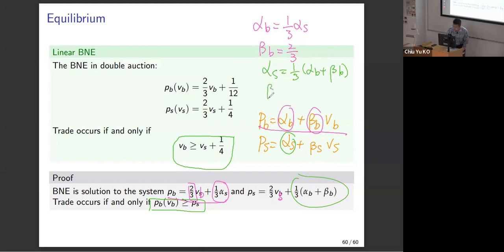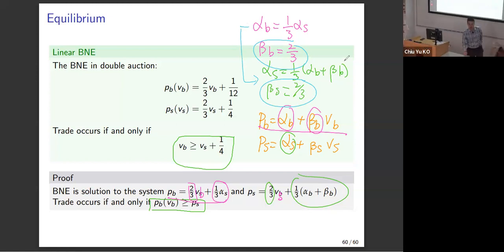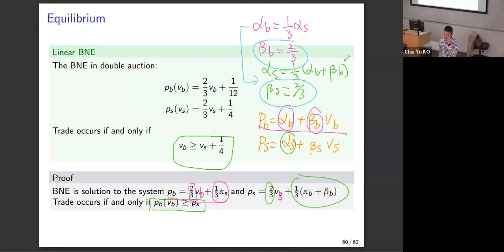And then beta S is equal to 2/3 here. Okay. So we actually know this guy already. There's a constant here, right? You can just solve these two equations, right? Because no beta B, right? Two equations in two unknowns, linear, you know how to solve it, and that's how you get the answer.